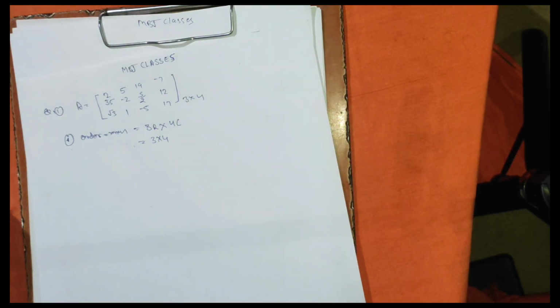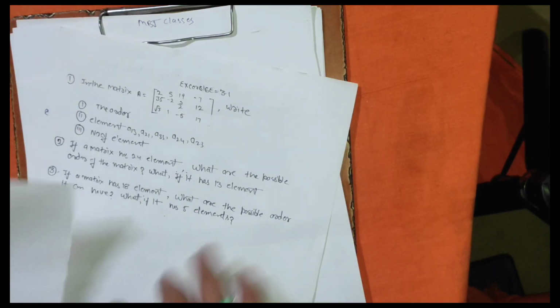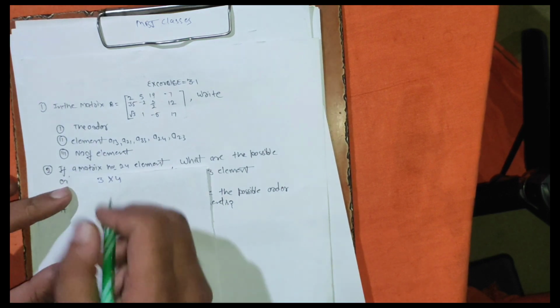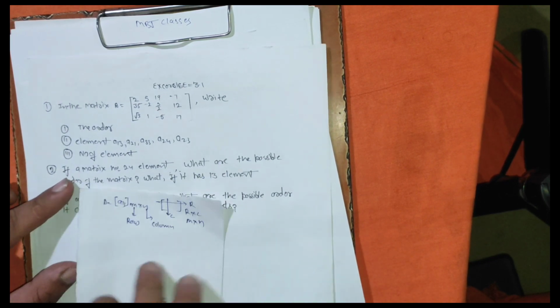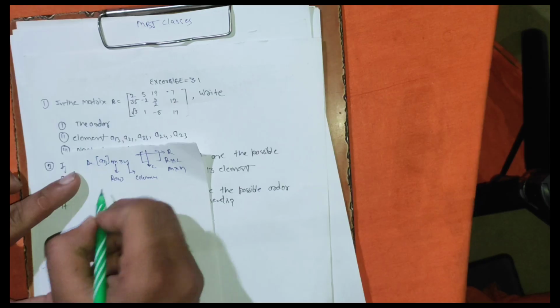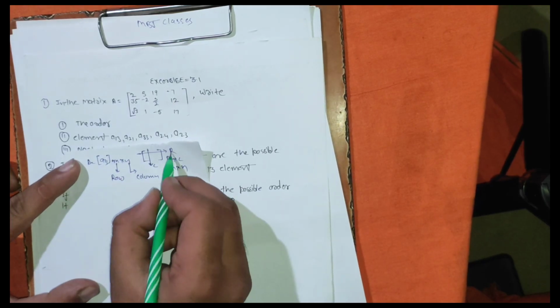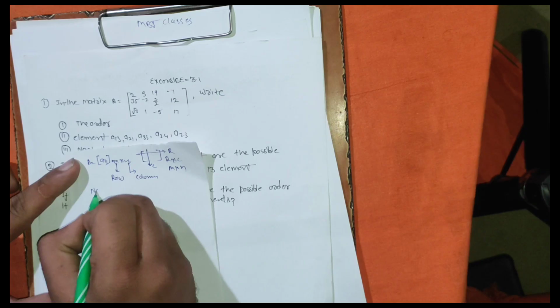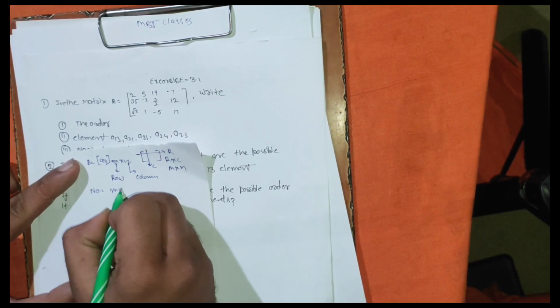The second part says the number of elements. If I have a matrix which has m rows and n columns, the total number of elements is mn.